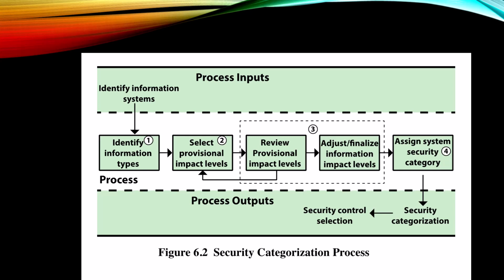So again, here is our security categorization process. First thing we do is we identify the information type. We then select the appropriate impact levels. We review the impact levels, repeat if necessary. Once we have finalized the impact level, we can adjust and finalize. Once we have adjusted and finalized, we can then assign the controls.